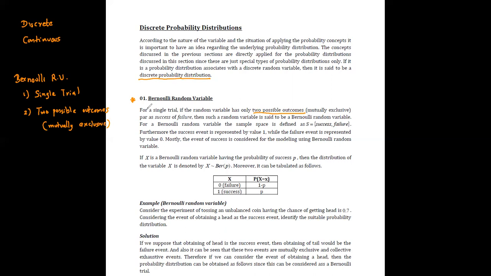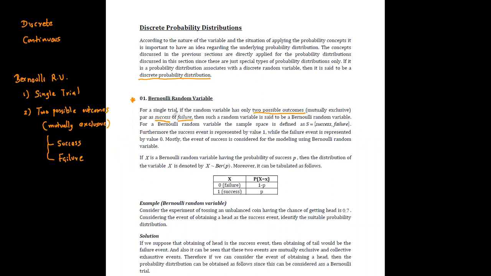When we are discussing this Bernoulli random variable, we name these outcomes success and failure. Among the two possible outcomes, one would be the success outcome and the other would be the failure outcome. Therefore, there will be two situations: one associated with success and the other associated with failure.